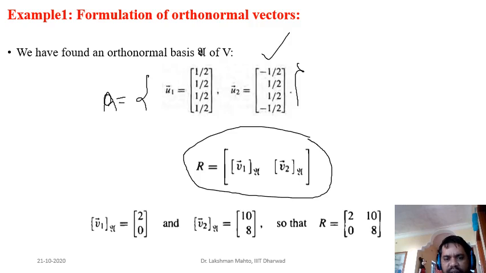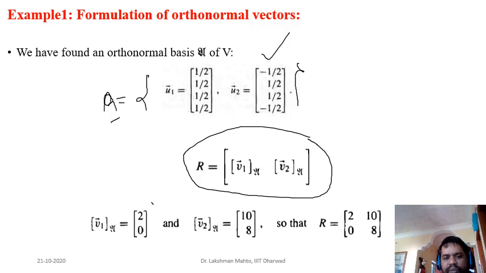It was V1. So we will find the coordinate of V1 with respect to the new orthonormal basis A, that would be (2, 0). Similarly, the coordinate of V2 with respect to the new orthonormal basis A would be (10, 8).